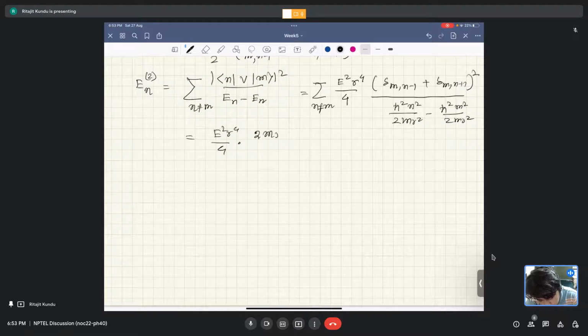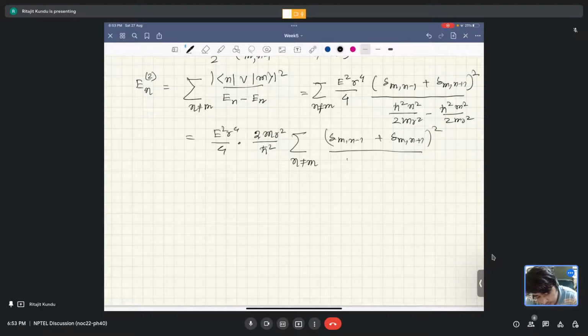It becomes 2m r square by h bar square, and then we are only left with the summation of delta m comma n minus 1 plus delta m comma n plus 1, whole square, over n square minus m square. Okay, I hope this is okay. Yeah, seems to be okay. So then this becomes e square r to the power 6 m by 4 h bar square.